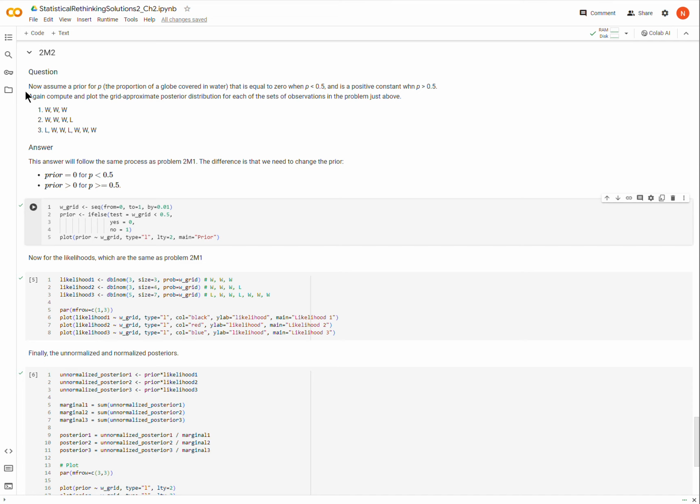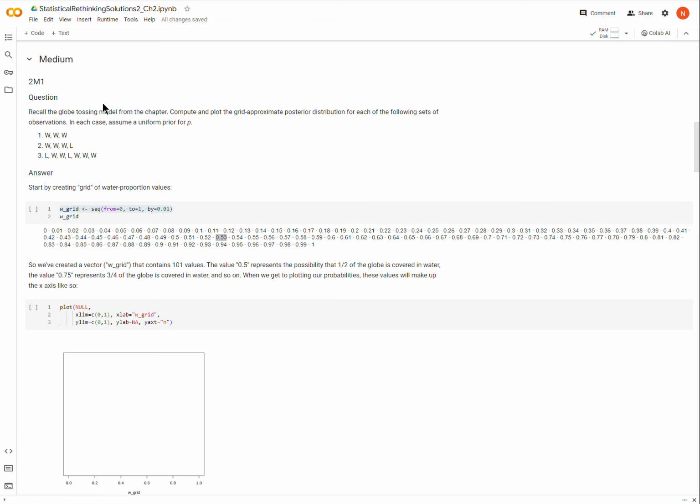Question 2M1, which is being referenced in the next question that we'll solve: recall the globe tossing model from the chapter. Compute and plot the grid-approximate posterior distribution for each of the following sets of observations. In each case, assume a uniform prior for P, where P represents the proportion of the globe that is water.